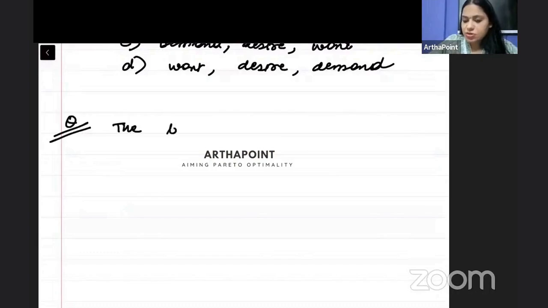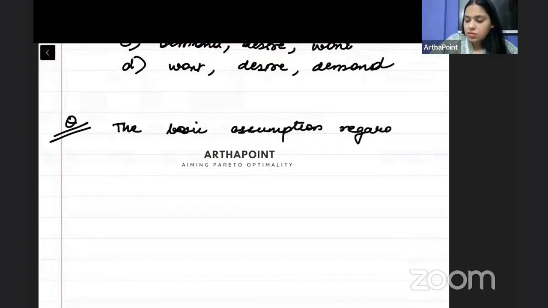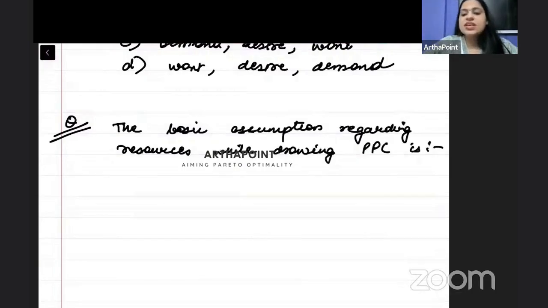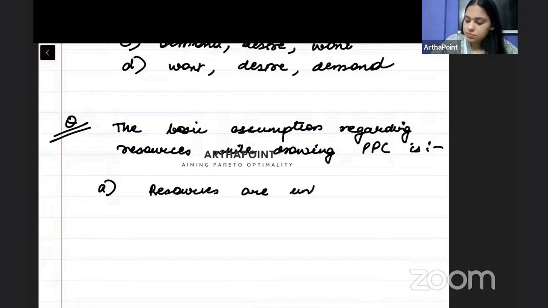The basic assumption regarding resources while drawing PPC is, basic assumption क्या है जब हम PPC draw करते हैं? First, resources are unlimited. Second, resources depend on the type of good.